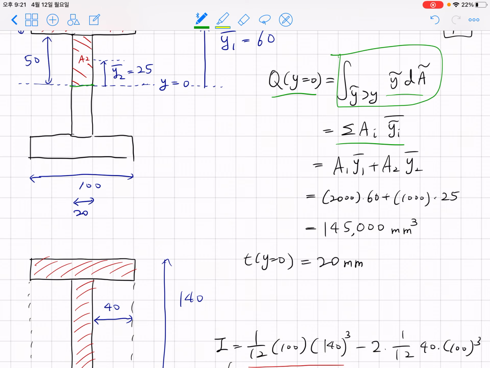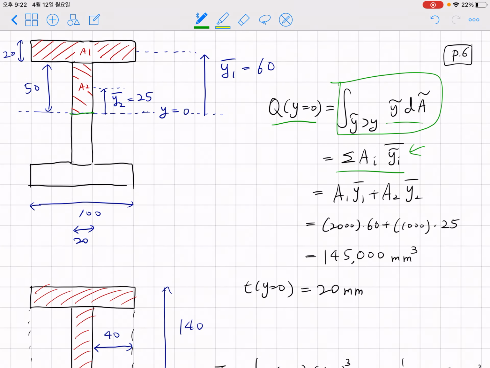In the freshman physics example, when we obtain the center of mass, this is what we do. And when we considered the centroid for our ME231, this is what we have done. So we divide the red area into two parts. Each part must have a shape where we can obtain the centroid position easily.